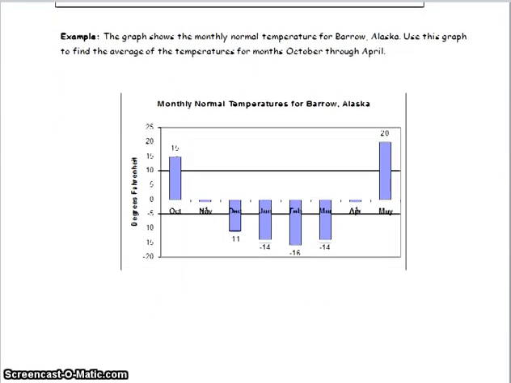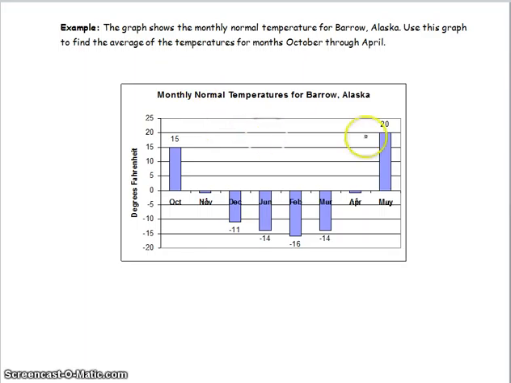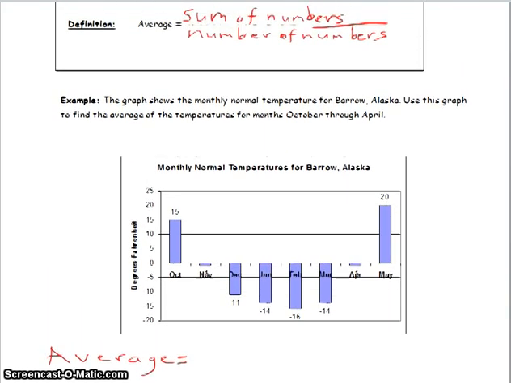Now, we need to go down here to this example. It says here, the graph shows the monthly normal temperature of Barrow, Alaska. Use this graph to find the average of the temperatures for months October through April. So what we have here, we want to find the average. So we have the average is equal to, now as stated earlier, we have here the formula for average.